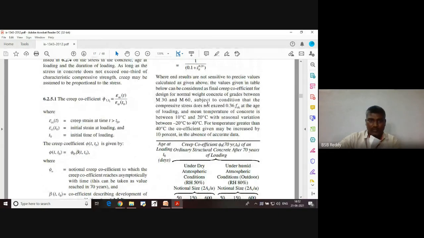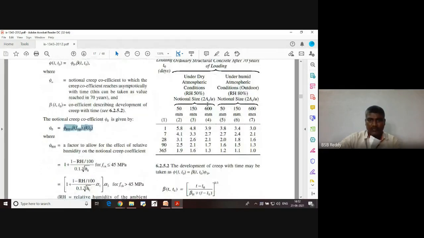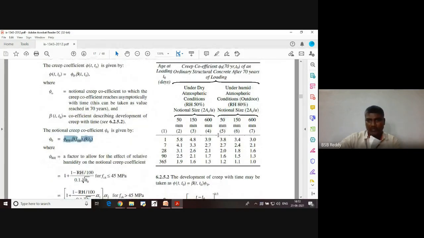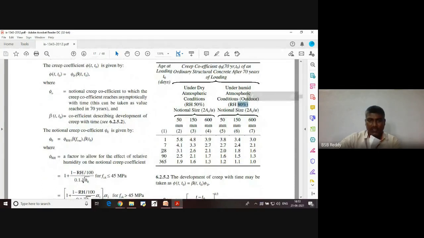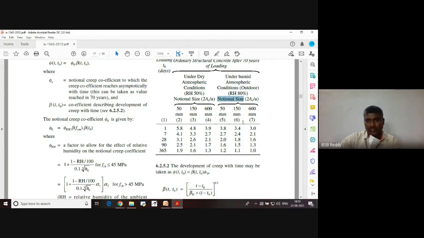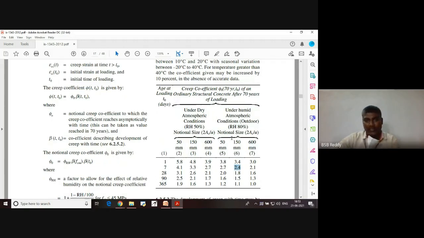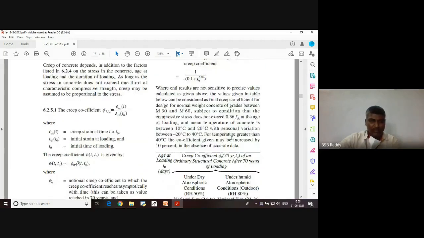Say if you don't have all this data, you can straight away read it from this table. So if humidity is 80% and the load at transfer is 7 days, and your notional size, which is 2 times AC by U, is like 150, you can straight away take this 2.4 as your value of phi naught, like creep coefficient value.